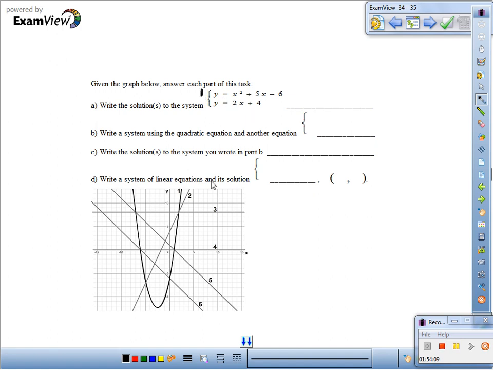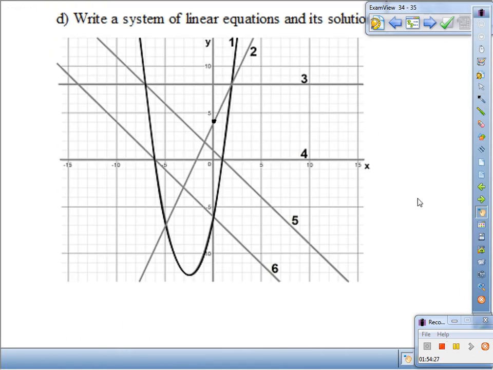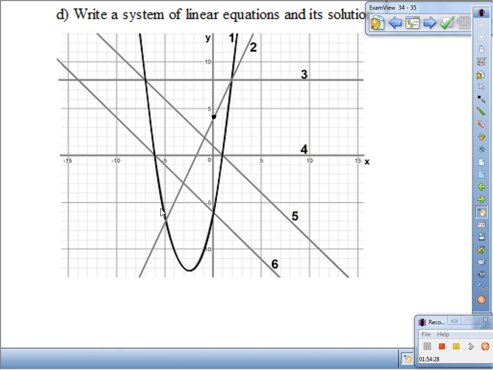Y equals 2x plus 4, that means the y-intercept is at 4. Let's see, where's 4 at? 4 is right here. And that means that that's line number 2. So looking at line 1 and 2, let me zoom in now. Look at line 2 and the parabola.